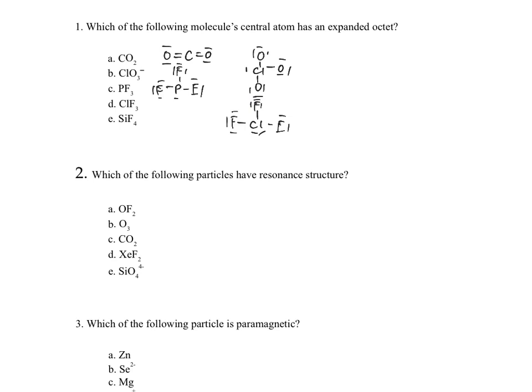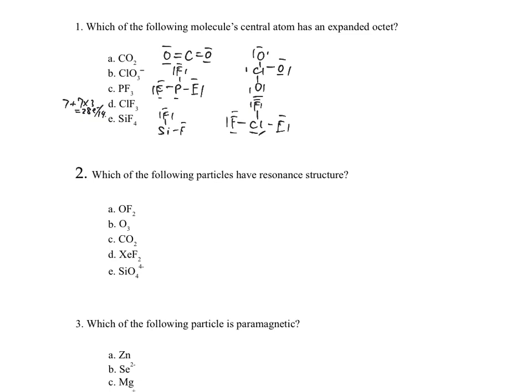For ClF3, because it's 7 plus 7 times 3, that's 28 electrons, 14 pairs. After you took care of the 3 fluorine atoms, the non-central atoms, with 12 pairs of electrons, you ended up having 2 pairs left, and both of those 2 pairs have to go onto the chlorine as the central atom.